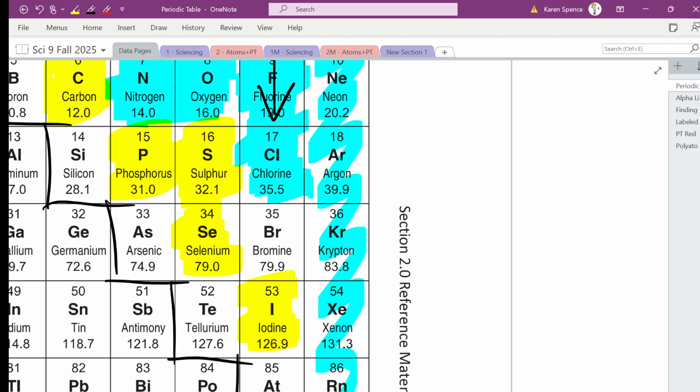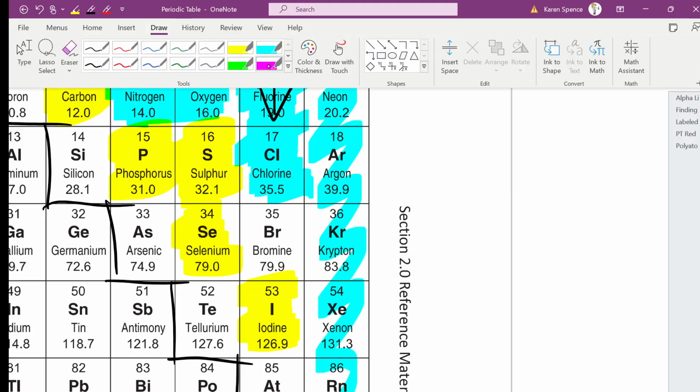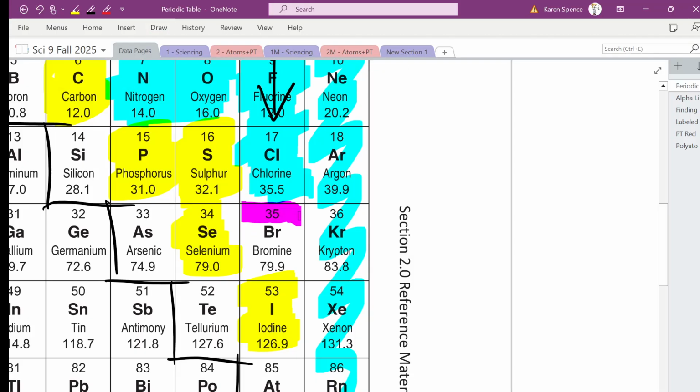It was that dark, sort of orangey brown liquid, yes? So that is our exception for the nonmetals. All nonmetals are either solid or gas, except for bromine, which is a liquid. So you should know that mercury is a liquid and bromine is a liquid, but those are the two exceptions to everything else. Okay?